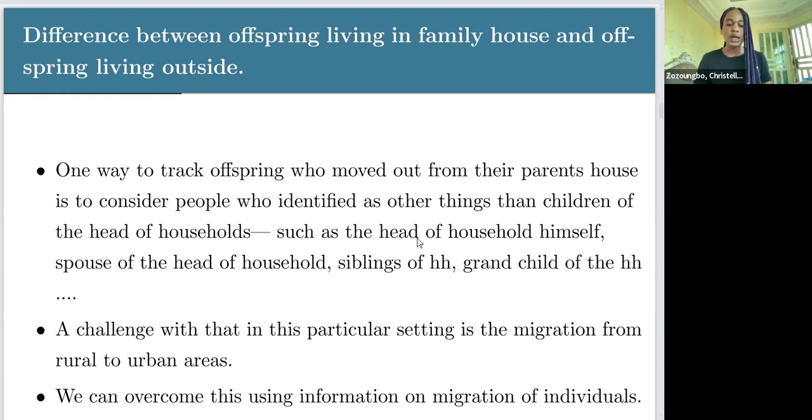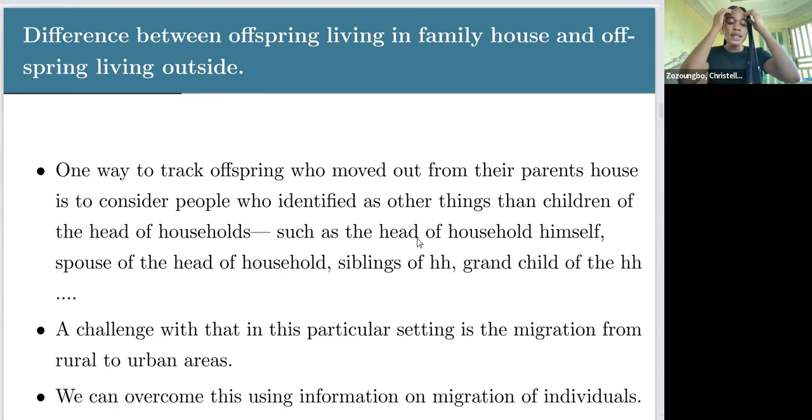And in the previous paper that I worked on, I found that households with boys in rural areas were better controlled than households with daughters. And so the analysis was mostly focused on rural areas.